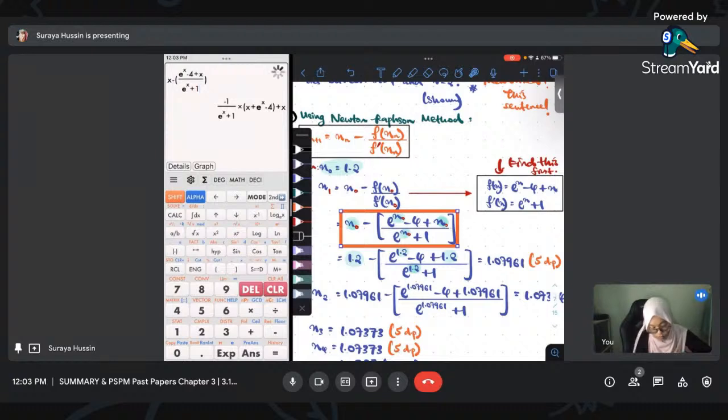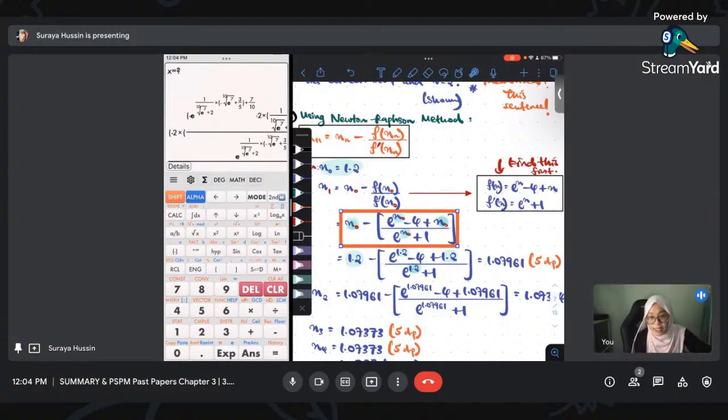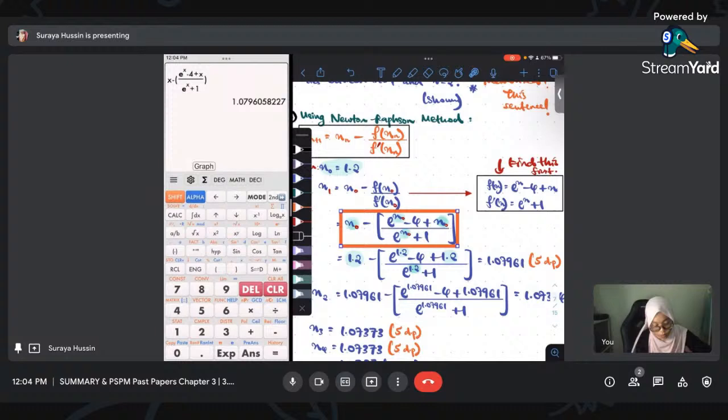Okay, tekan equal. Okay, jangan ambil nombor ni. Nombor ni salah. What you should take is tekan calculate. Calculate di bawah shift. C-A-L-C. Tekan calculate. And then abaikan ni. Tekan 1.2 equal.